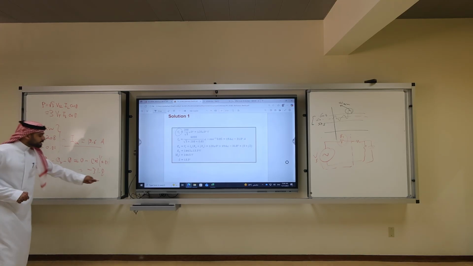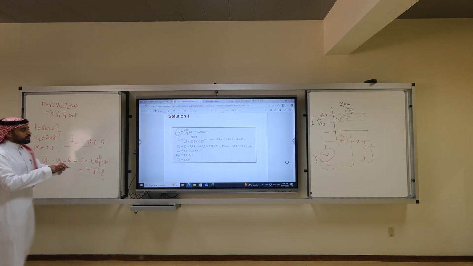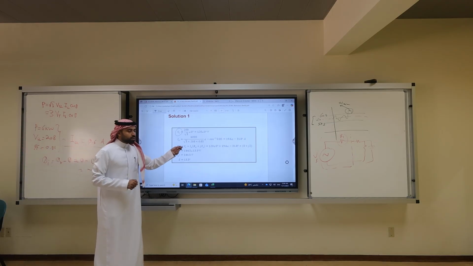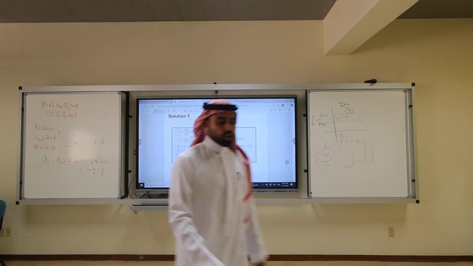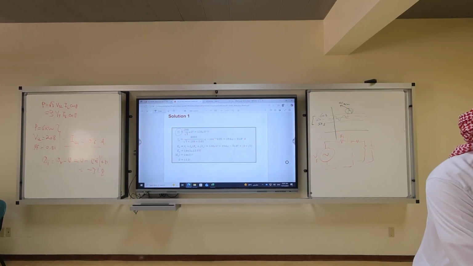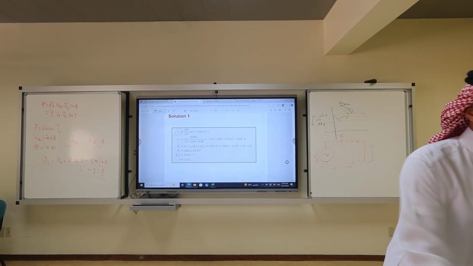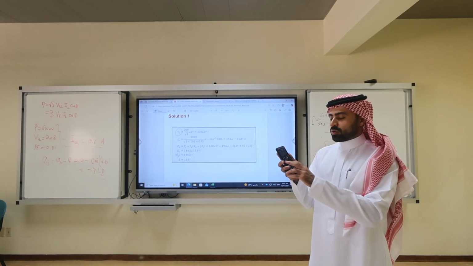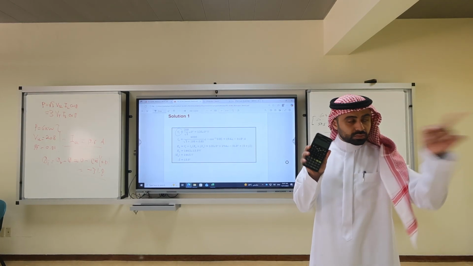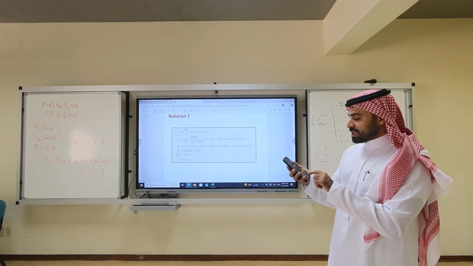Then I should calculate EA. I want you to calculate EA now. So what is EA? It is VT. What is VT? It's 208 over square root of 3 angle 0, plus IA.